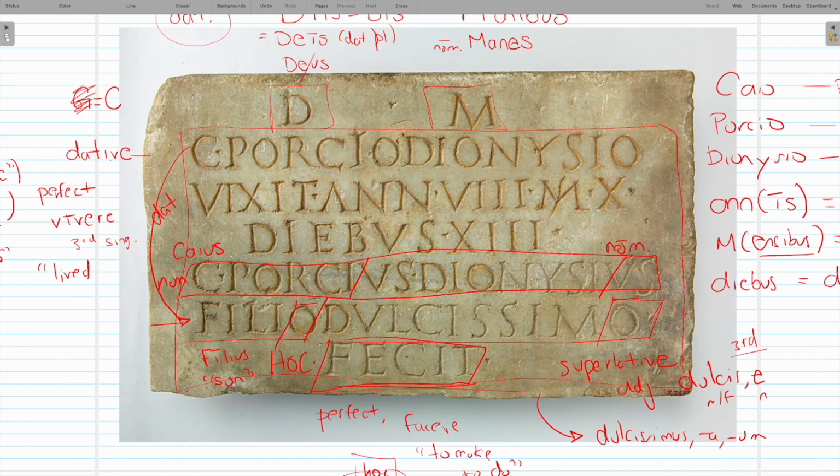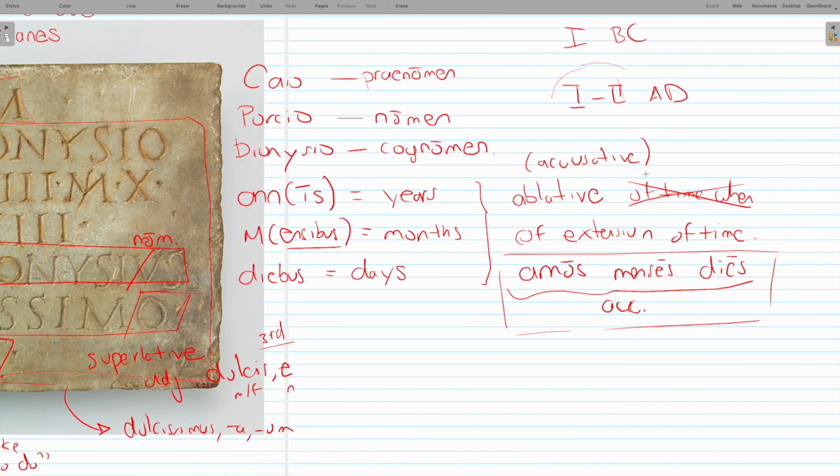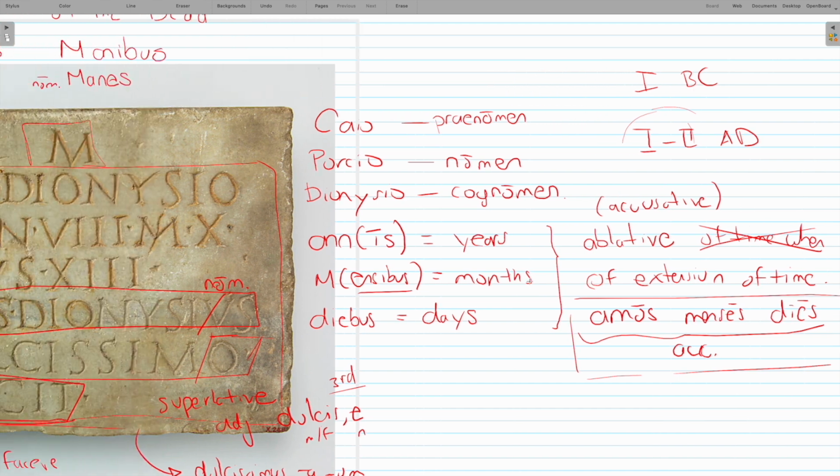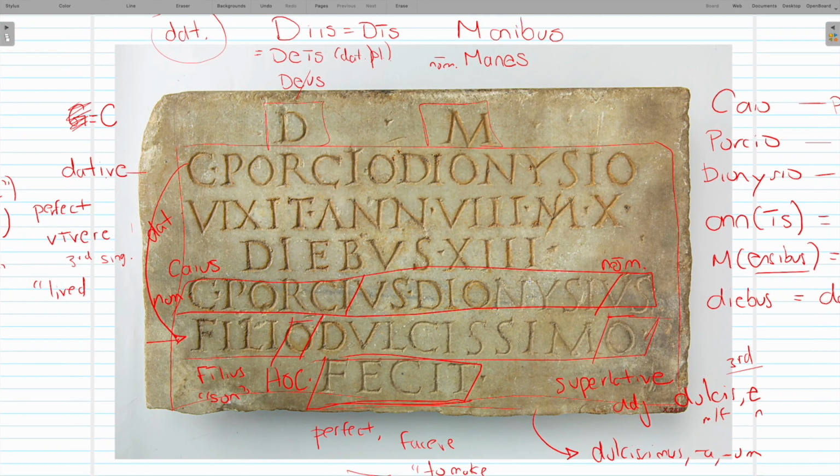That could be a little bit confusing if you're not aware of the cases here. And typically you're going to have the lifespan. Again, depending on the century, maybe you will find the ablative. Perhaps you could find the accusative. That would be fine too. And that's it.